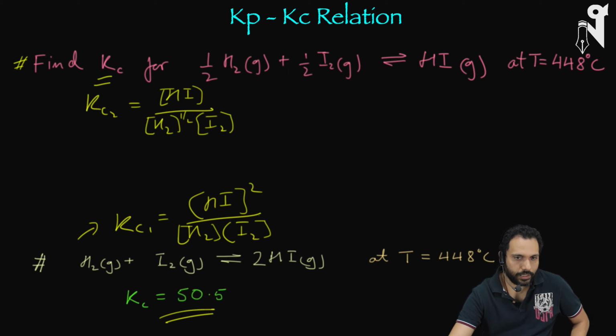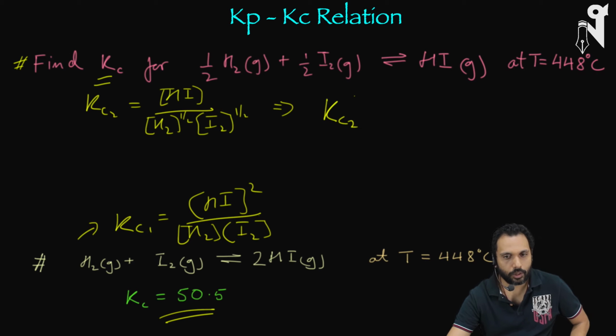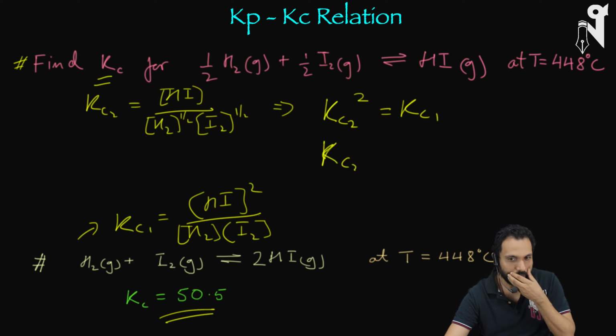Now, how are these two related? We can easily see that Kc2, if I square it, becomes your Kc1, right? So your Kc2 would be the square root of Kc1, again a constant.